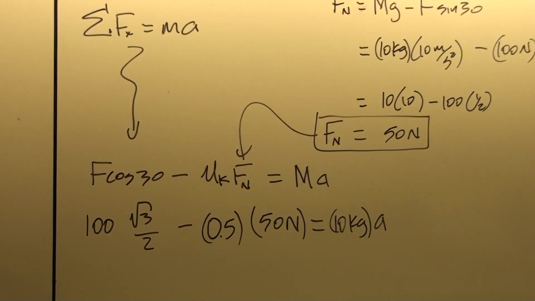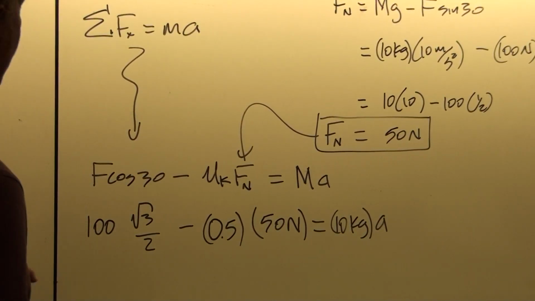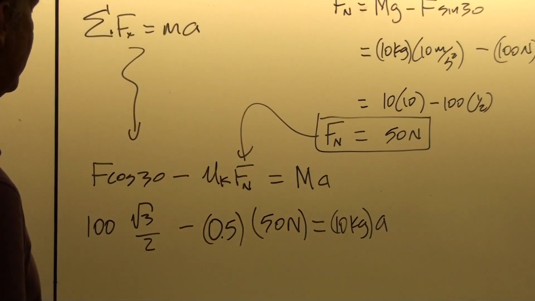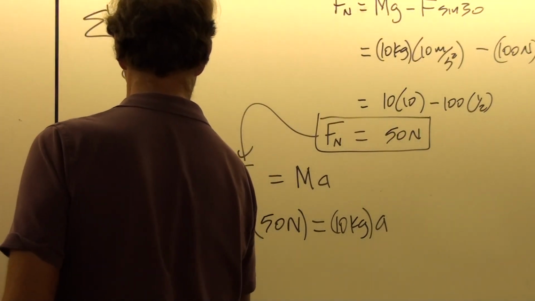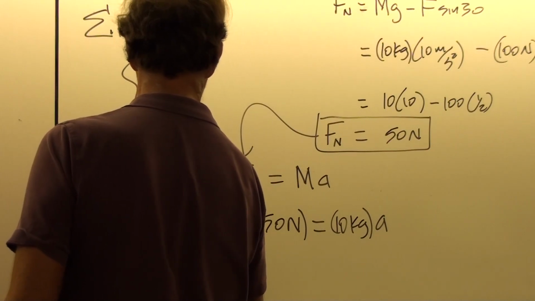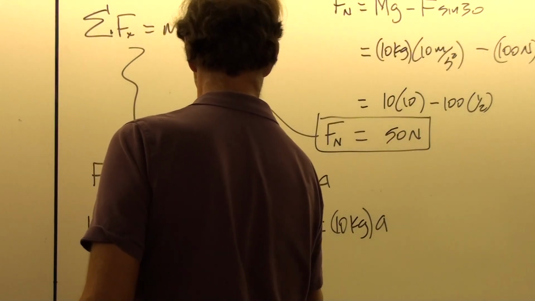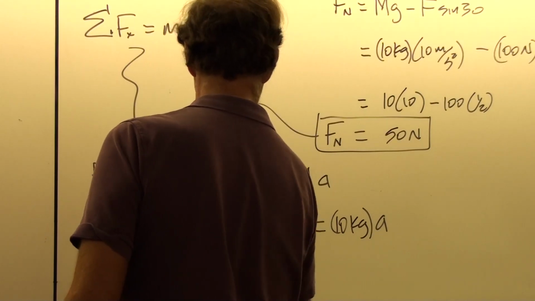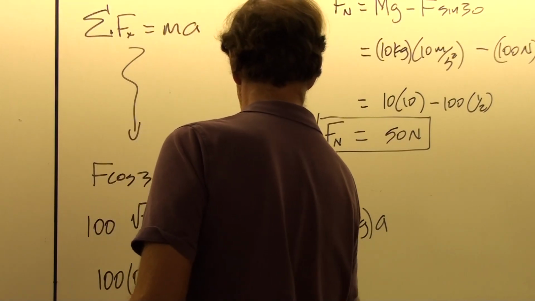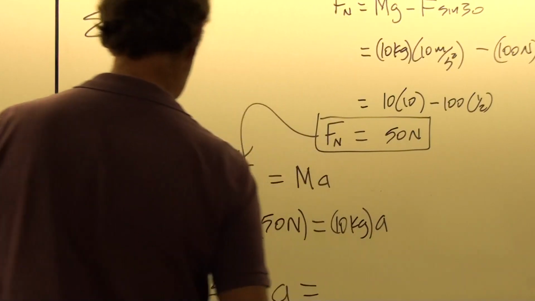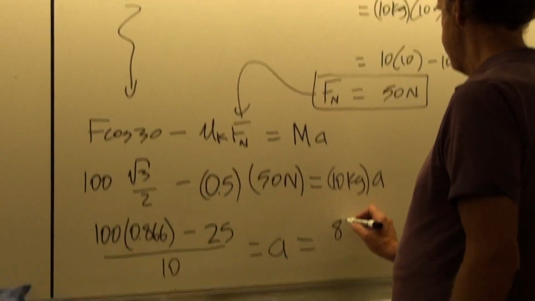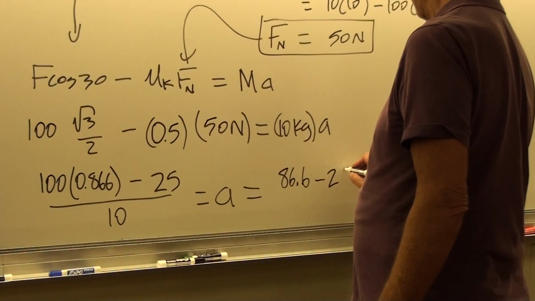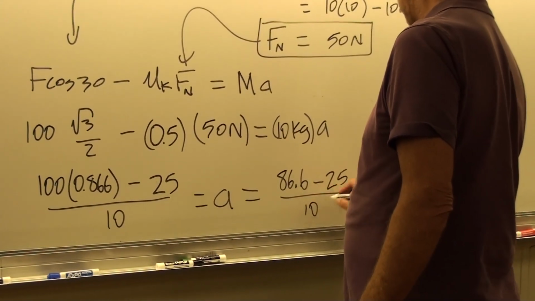All right, so be sure that you understand how that works. And then in the last step, we can solve for the acceleration. I'll drop the units in the last step. This is going to be 100 times 0.866 minus 25, over 10, equals a. So that's 86.6 minus 25, over 10.